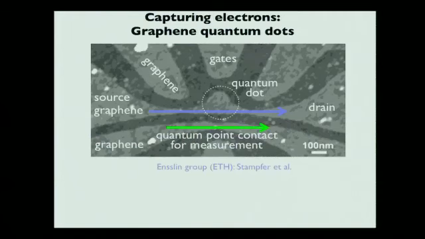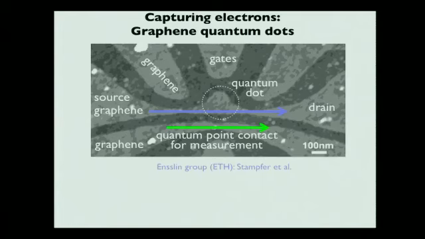So this is an experimental picture where all the bright gray would be graphene. This is the quantum dot in the middle. That would be a source contact where you can inject electrons. That would be a drain contact where you can remove electrons. So current can flow through the structure. And then you can test how large is the current depending on the potentials you apply. In particular, you can apply extra potentials by these electrodes or gates.